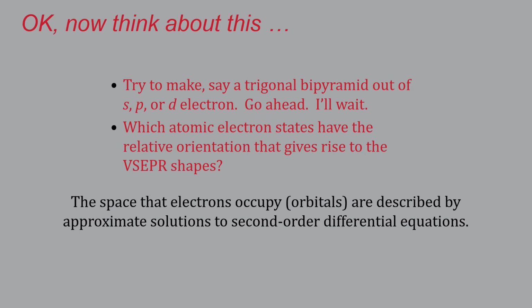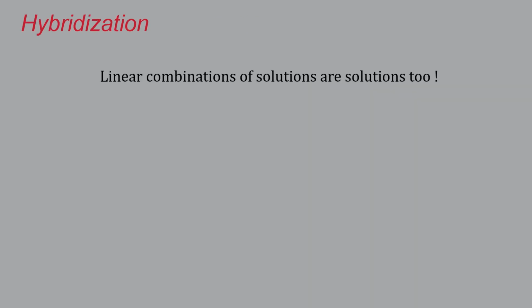All right, here's what I didn't tell you. One of the neat little things about the kinds of functions that are solutions to that really nasty second-order differential equation is that we can't use any function.